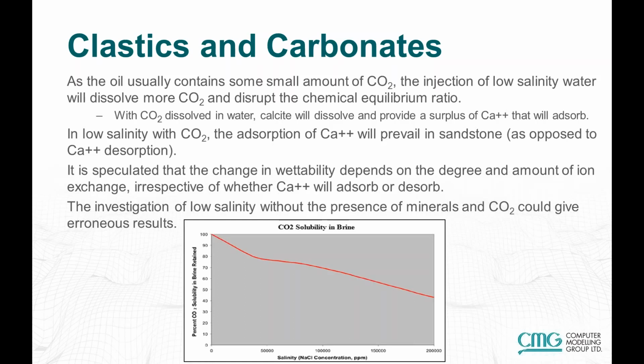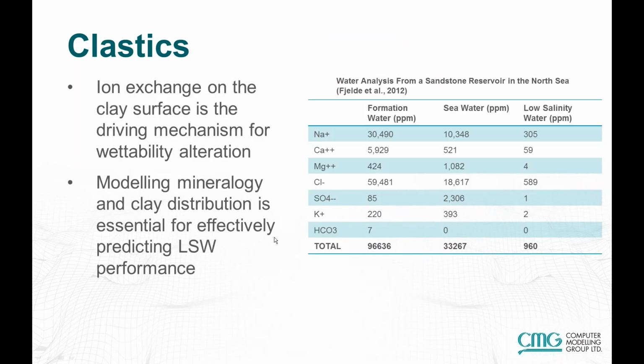So all of this together really means that the investigation of low salinity without the presence of minerals and CO2 could give erroneous results. Now in clastics, since ion exchange on the clay surface seems to be the driving mechanism, the modeling of the mineralogy and clay distribution is essential for getting good predictions of low salinity.